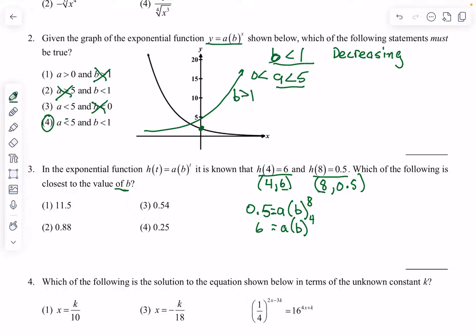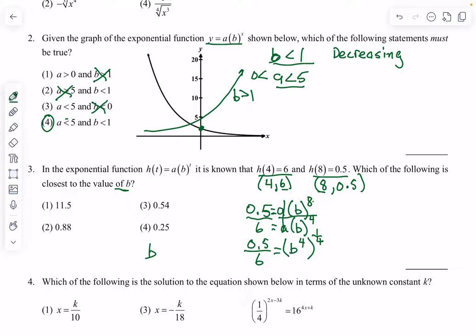Now we can divide these two. When we divide, we have 0.5 over 6. The a's will cancel out, and then we subtract the exponents. 8 minus 4 is 4. Then we raise this to the 1/4 power, because if we multiply 4 times 1/4, the 4's will cancel out and we'll get b.